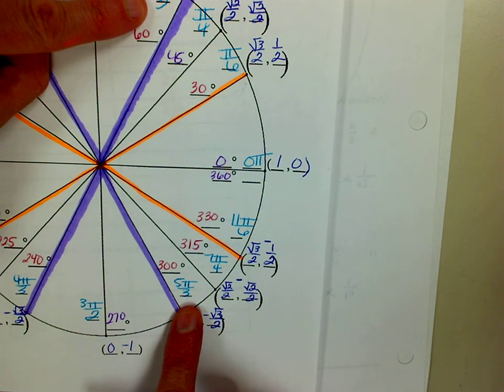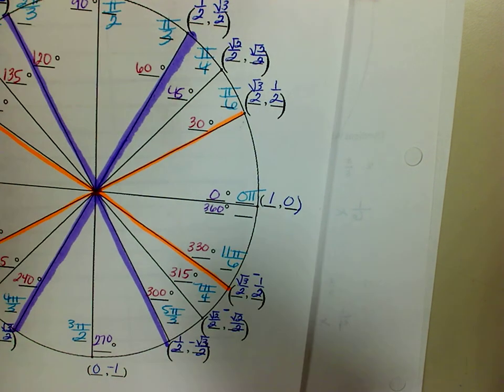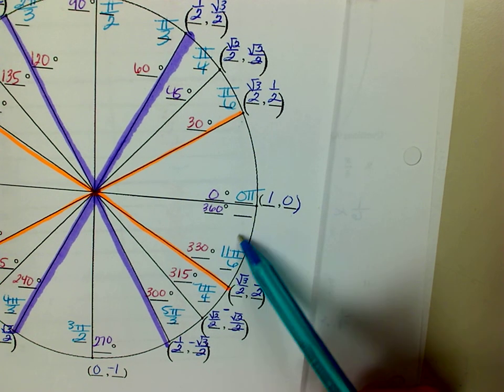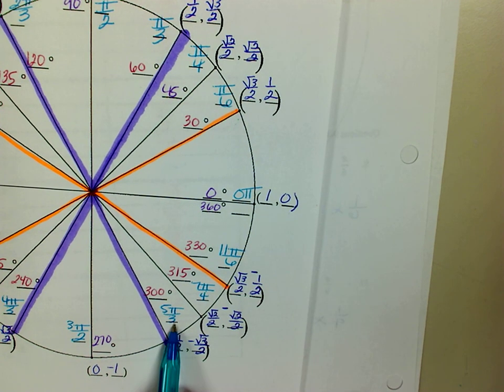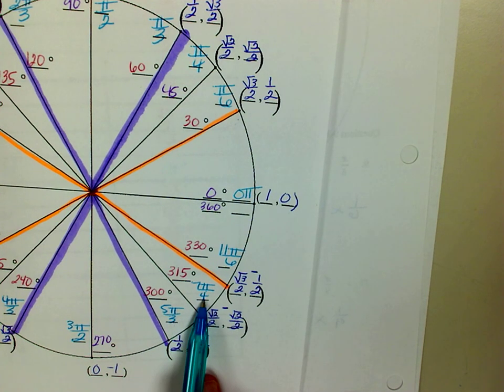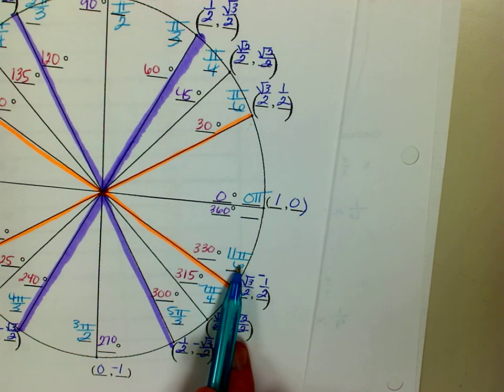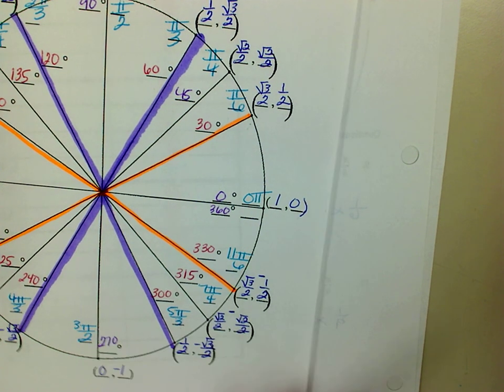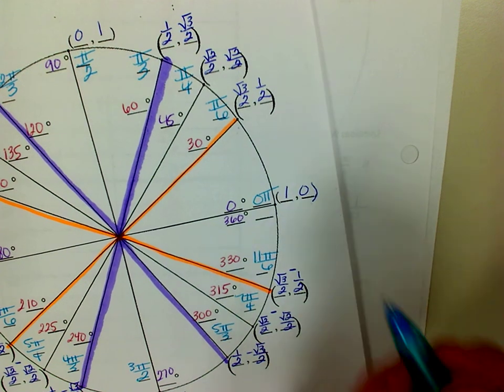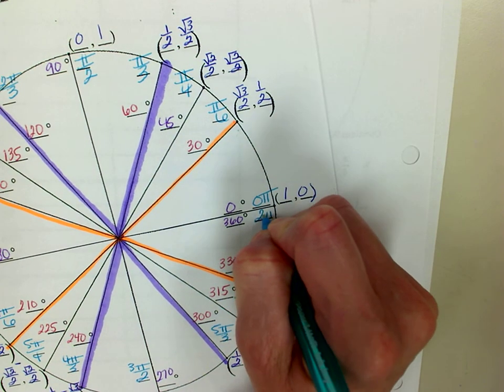The ones with the purple lines have a denominator of 3. The pattern down here is that you multiply the denominator by 2 and subtract 1. 3 times 2 is 6 minus 1 is 5. 4 times 2 is 8 minus 1 is 7. 6 times 2 is 12 minus 1 is 11. Oh, and I forgot to put my 2 pi here.